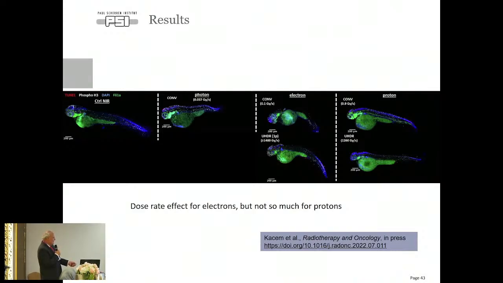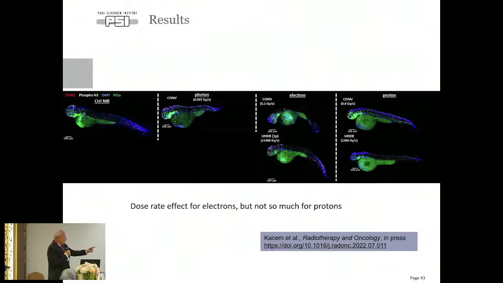And you see this is here deformed. You have a treatment with electrons. This is conventional dose rate, and this is flash dose rate. And yeah, is there a difference? Hard to say. And here, protons from our measurement, is there a difference? Well, maybe this is a little bit more curved than this one, but it's very difficult to say something.